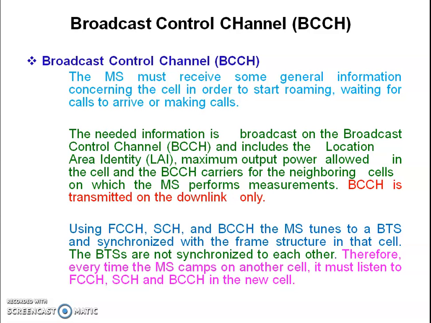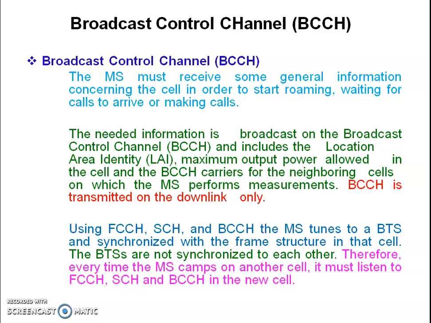The needed information is broadcast on the broadcast control channel and includes the location area identity, which we call LAI, the maximum output power allowed in the cell, and the BCCH carriers for the neighboring cells on which the mobile station performs measurement. So this broadcast control channel is transmitted on downlink only.